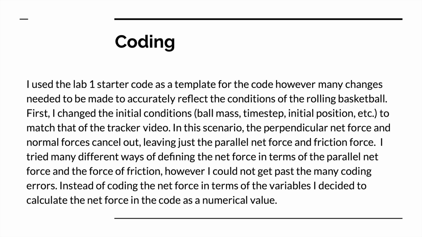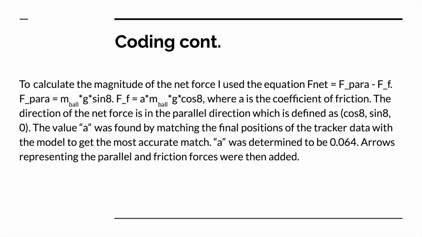I tried many different ways of defining the net force in terms of the parallel net force and the force of friction. However, I could not get past the many coding errors that just kept popping up. So instead of coding the net force in terms of the variables, I decided to calculate the net force and put it in the code as a numerical value, just to simplify it so that I don't get all of those errors.